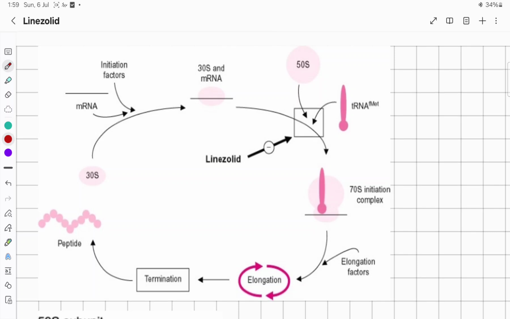So the overall process is: messenger RNA first binds to the 30S subunit to form the 30S messenger RNA ribosomal complex, to which binds the 50S subunit and the transfer RNA to form the 70S initiation complex. Then with the elongation factors, there is elongation of the chain of amino acids to form the peptide until termination occurs.